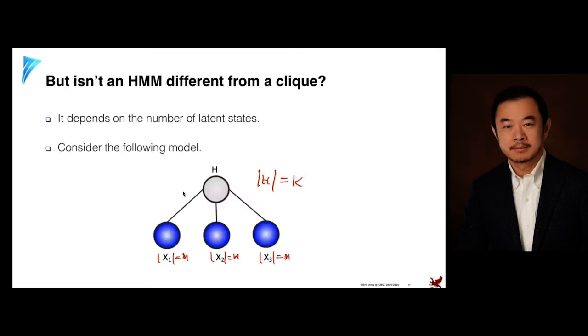So now let me ask, what if k equals 1? This is an algebraic statement that the cardinality, or the number of states, of the hidden random variable equals 1. Does it actually have anything to do with the way we draw a graph?